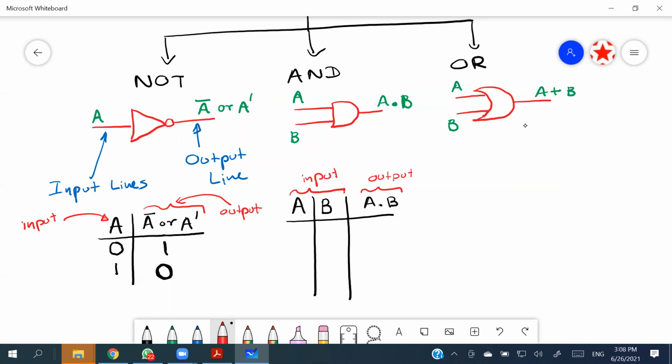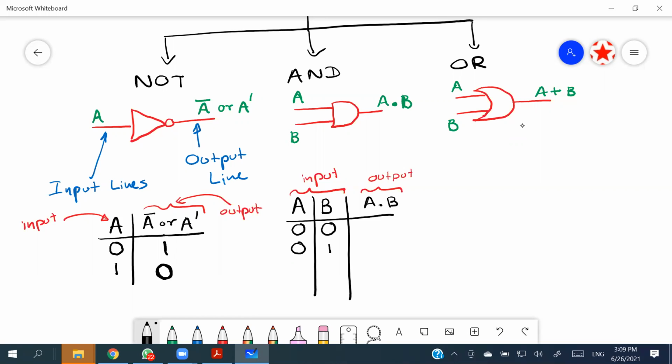Now, since we have two input lines, what are the combinations that we can have as inputs, from ones and zeros? One will say A can have 0, and at the same time B receives 0. Someone can say A can receive 0 while B receives 1, a different scenario.